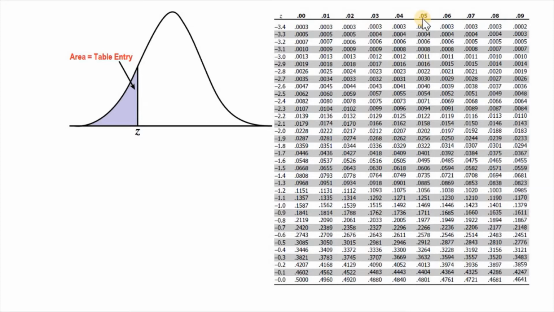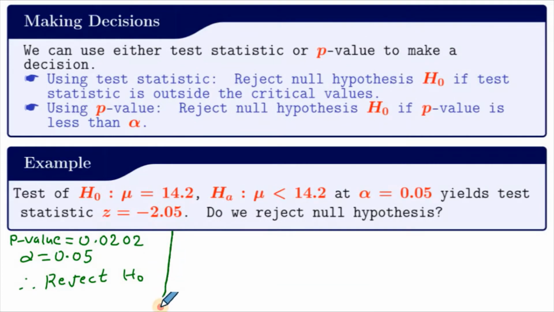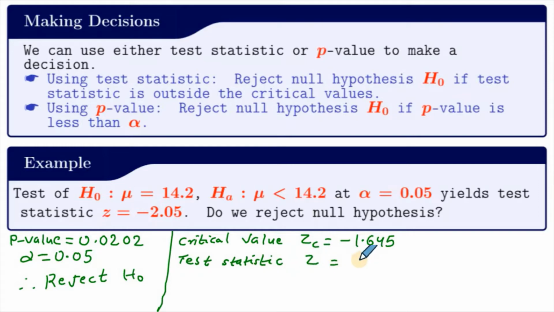Therefore, the critical value is, let me write that down over here. So therefore, the critical value is negative 1.645. And the test statistic is negative 2.05.